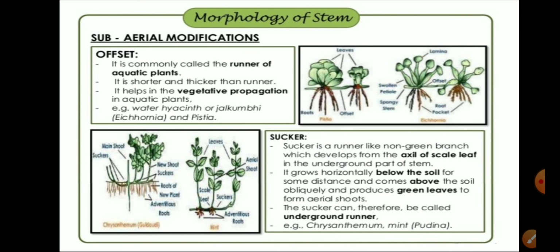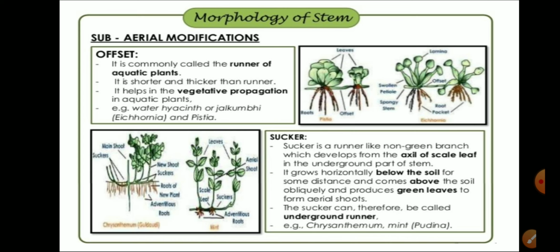Next we have offset. Offsets and suckers are also modifications of the stem. Offsets may be seen in the aquatic plant water hyacinth, and it is also a vegetative propagule for asexual reproduction.